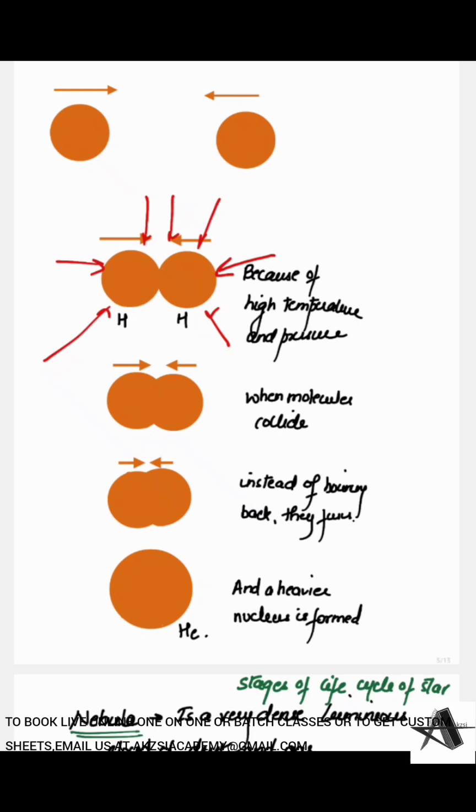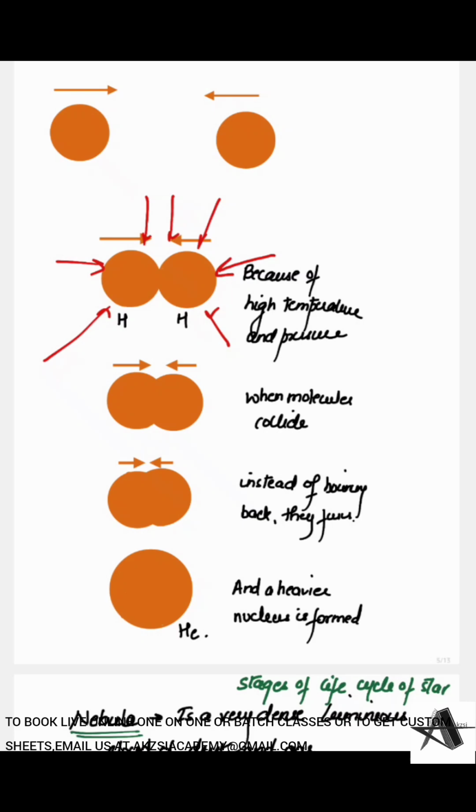Now the repulsive force is weaker compared to the pressure, so they can't bounce back. They have to stick together with the high pressure already created in a protostar, or at the very end stage of the transition phase, when the star is transiting from protostar to a main sequence star.